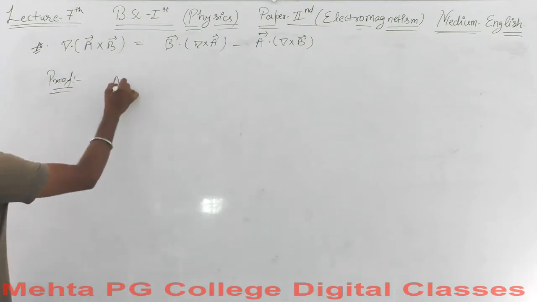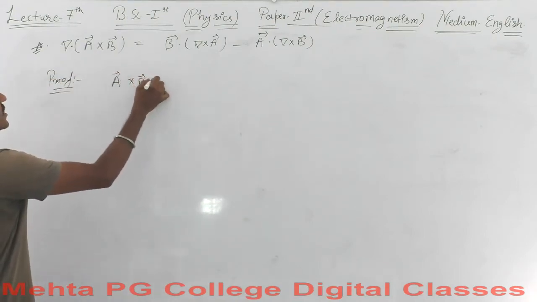So let's start the proof here. A vector cross B vector.